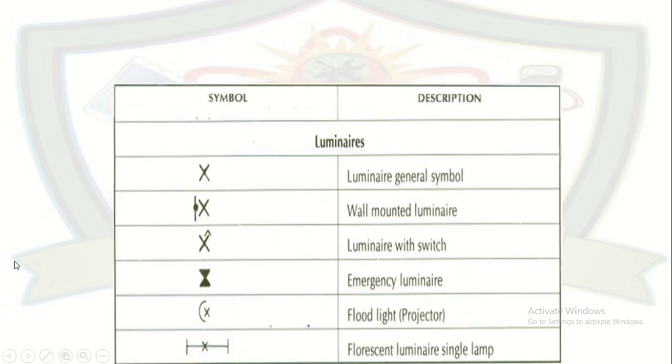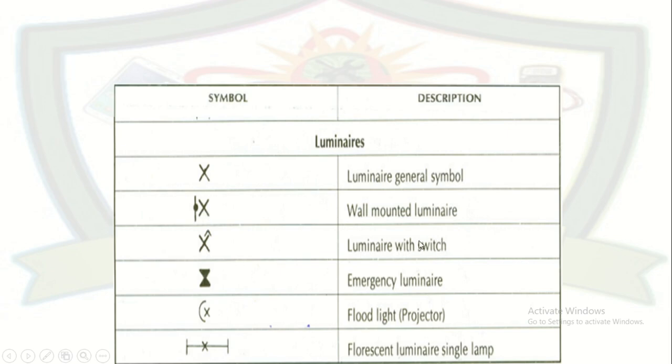Okay, this is luminary general symbol. This is lamp. This one is wall mounted luminaries or wall mounted lamp, most of the time in the living room, at each corner, at four places most of the time we use it.